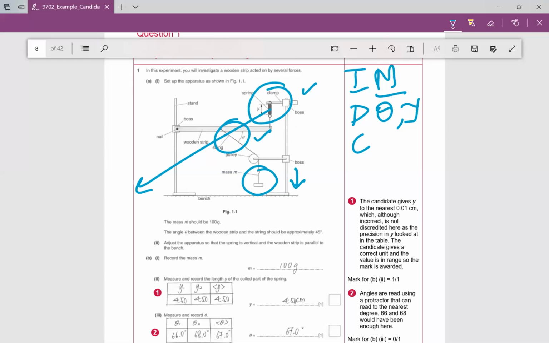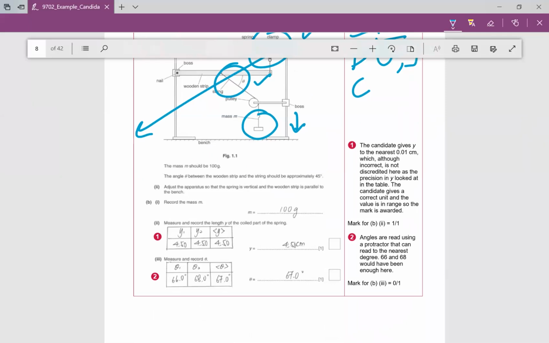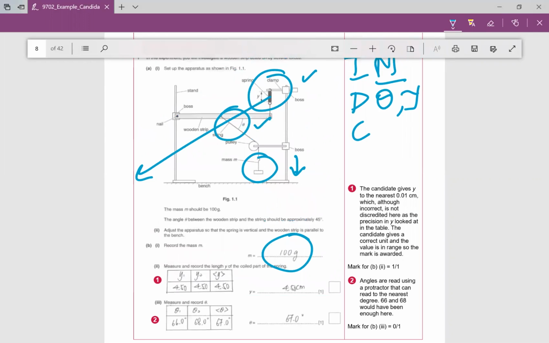Generally, the first bit they'll ask you is to record the mass. The mass recorded here is in 100 grams. Why is that so? In this experiment, the mass was given to you as a discrete quantity rather than you measuring it, which is why there are no decimal places here.